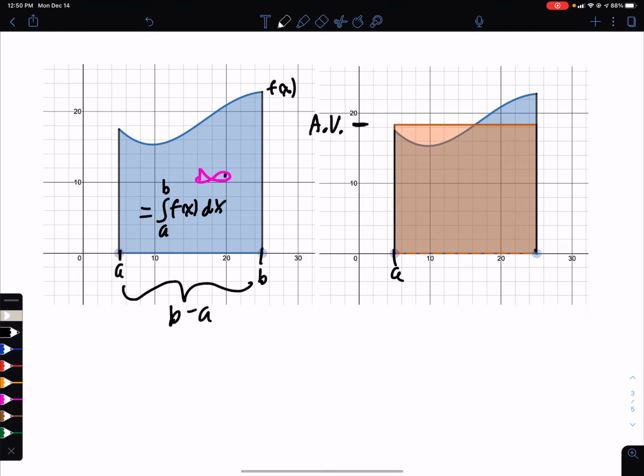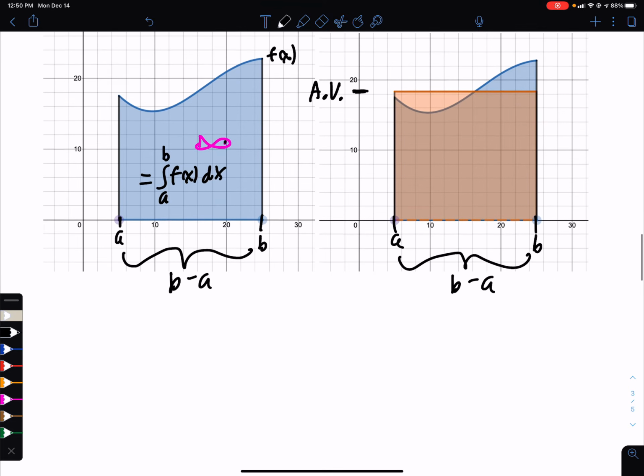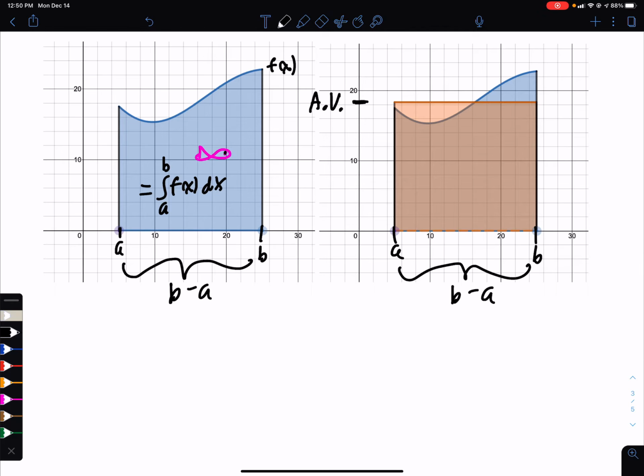So the same thing, these are the same points. The distance between those points is B minus A. Here is the part that is the big takeaway. What's the area here? The area here is base times height. What's the base of this rectangle? B minus A. What's the height?